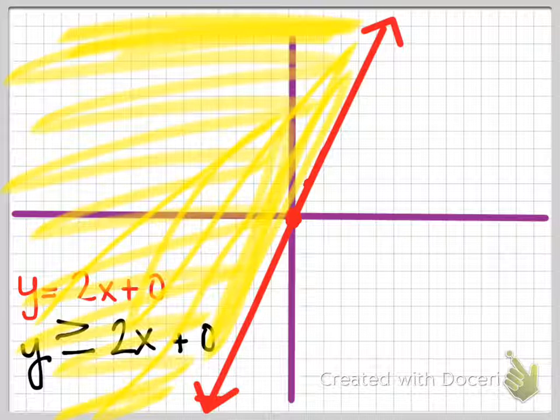And that's it. The first thing you need to do is get y by itself. It's so much easier to graph that way, and then look at the appropriate shading. So on number 21, the correct answer is going to be C, a solid line with a positive slope shaded above. Okay, good luck.